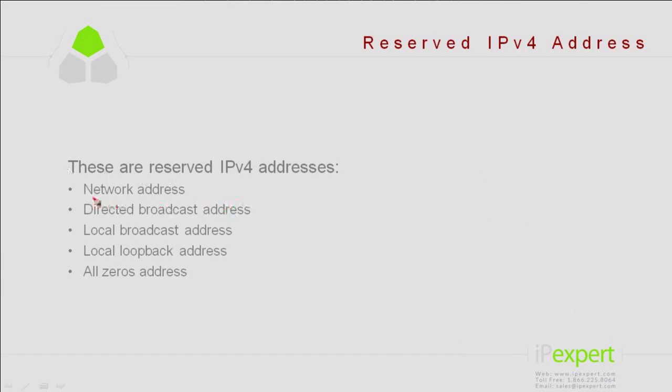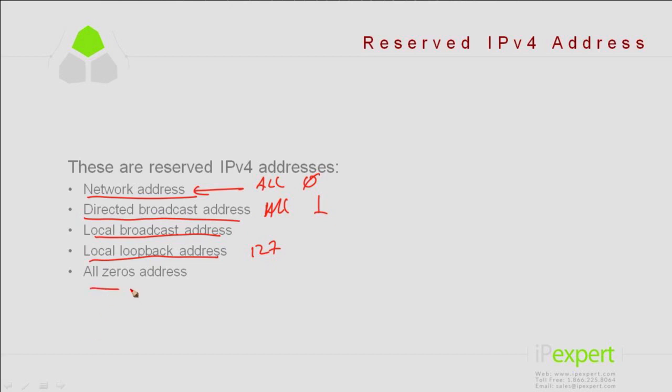Like I mentioned previously, the network address is where it's all zeros. The directed broadcast address is where all the host bits are ones. Then we have a local broadcast address. We have a local loopback address, that's that 127 we were talking about. And then we have the all zeros address.